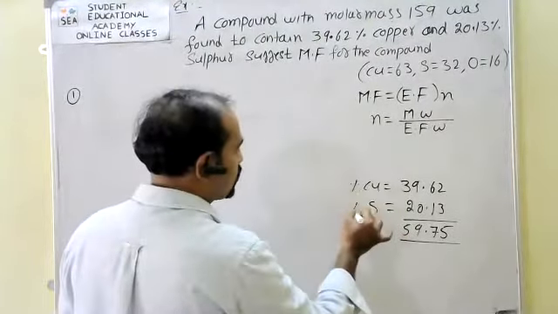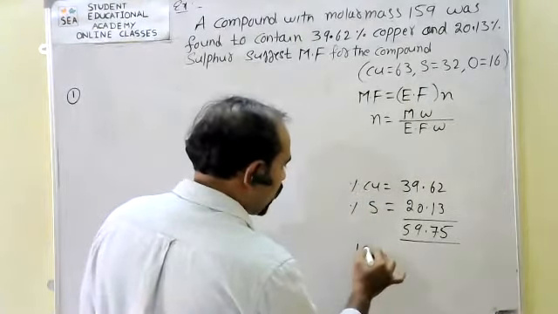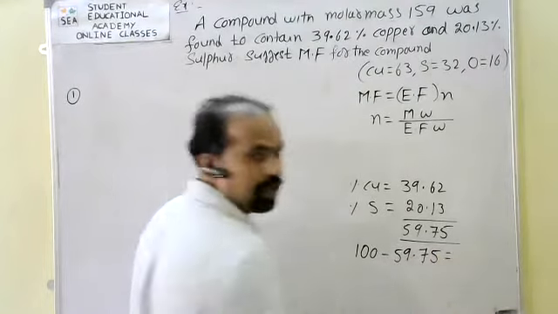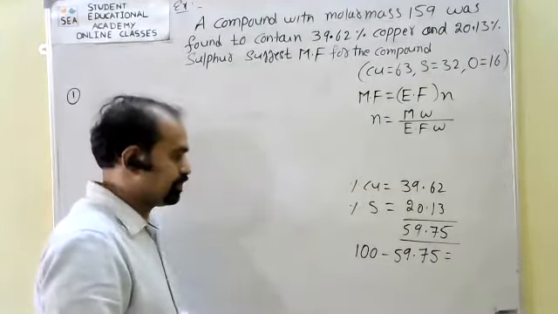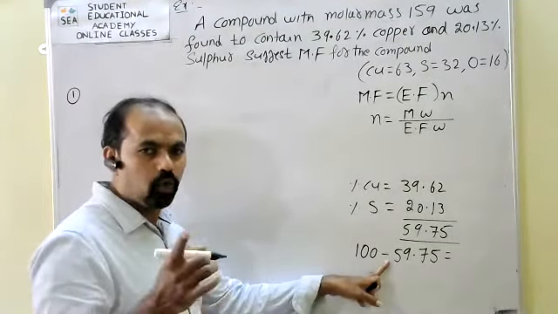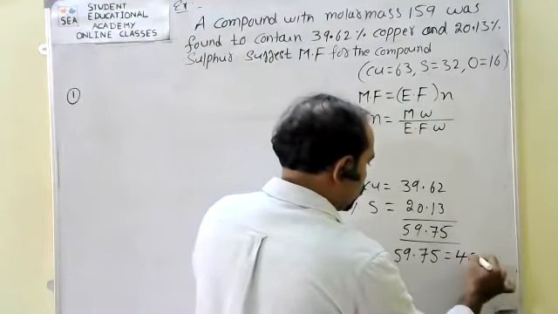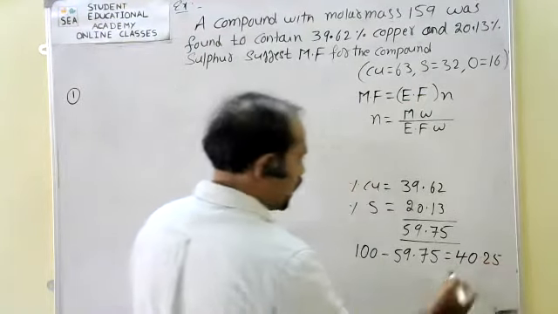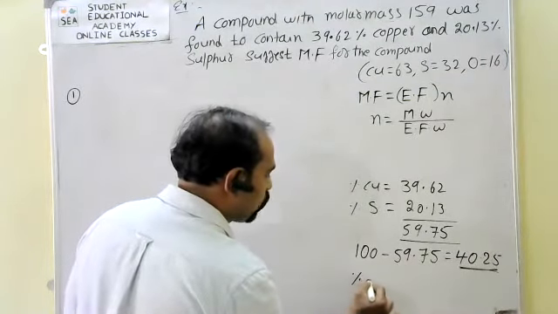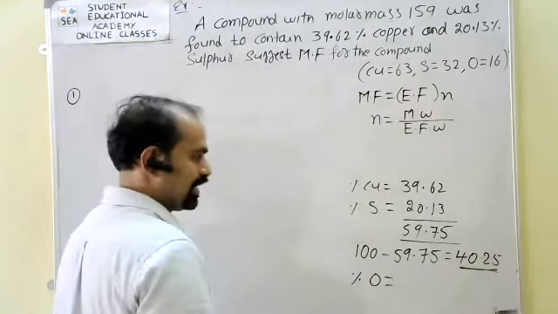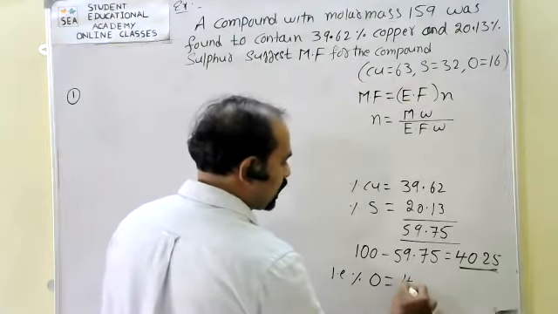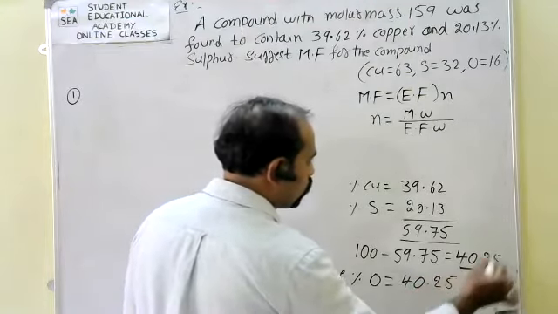The difference is 100 minus 59.75, which is 40.25. This difference is treated as the percentage of oxygen, so the percentage of oxygen equals 40.25.